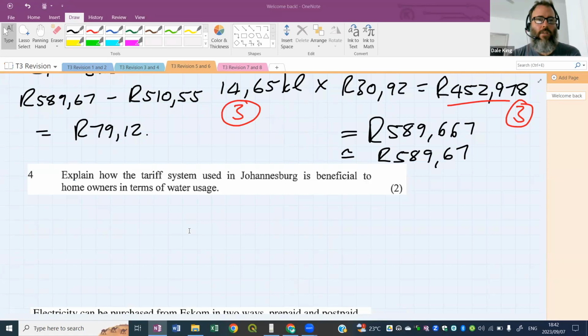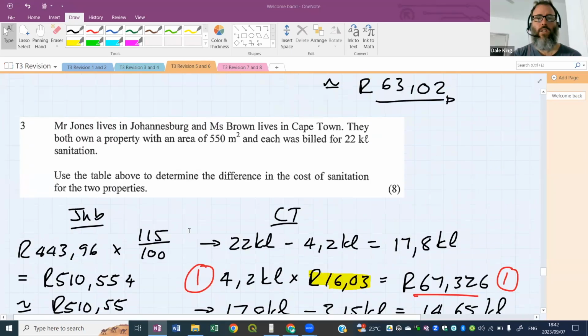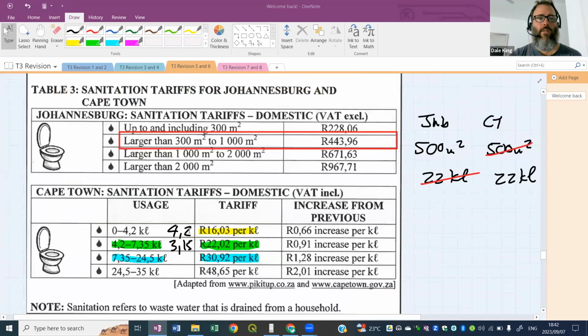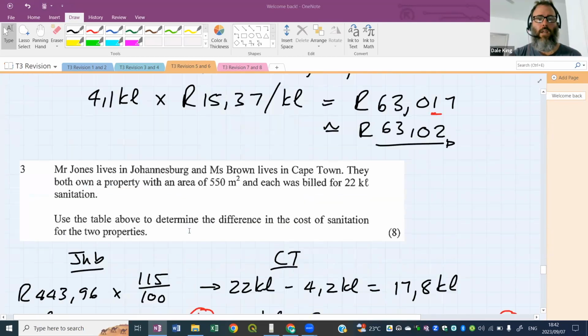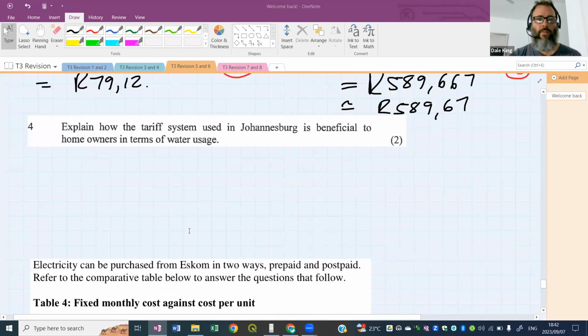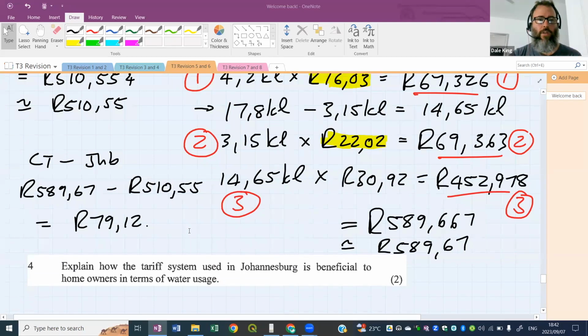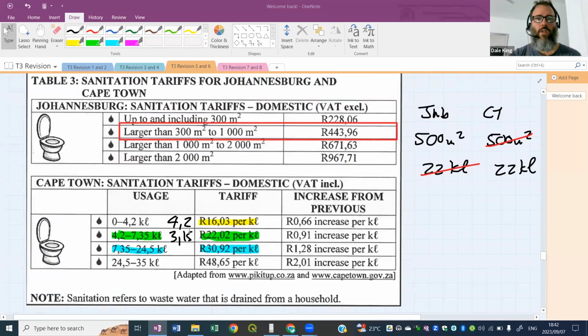Explain how the tariff system used in Johannesburg is beneficial to homeowners in terms of water usage. Now, this is a subjective question, no calculation needed.